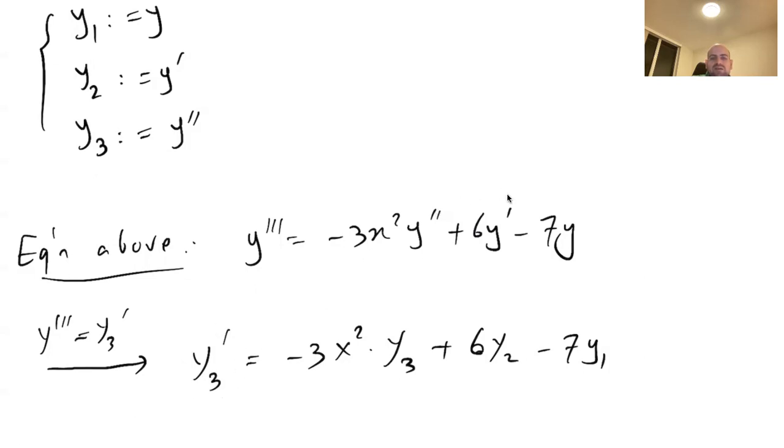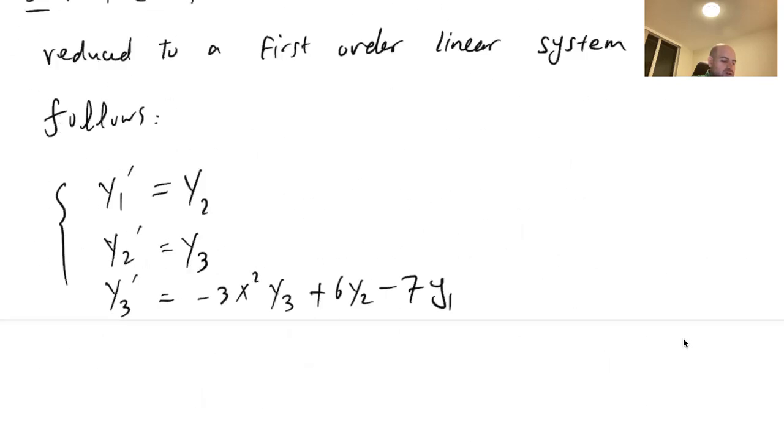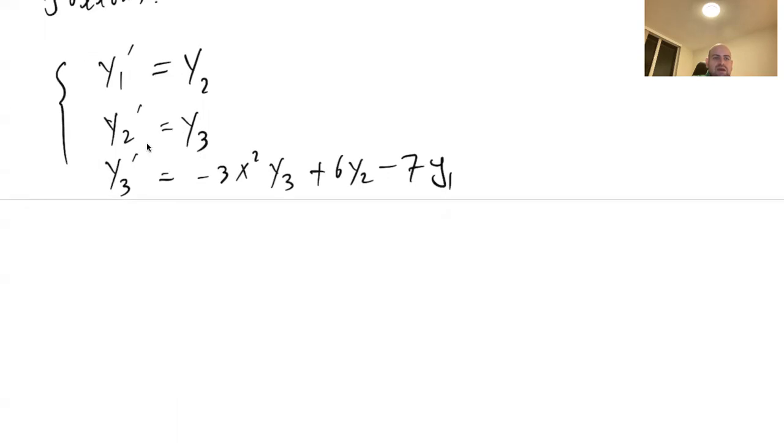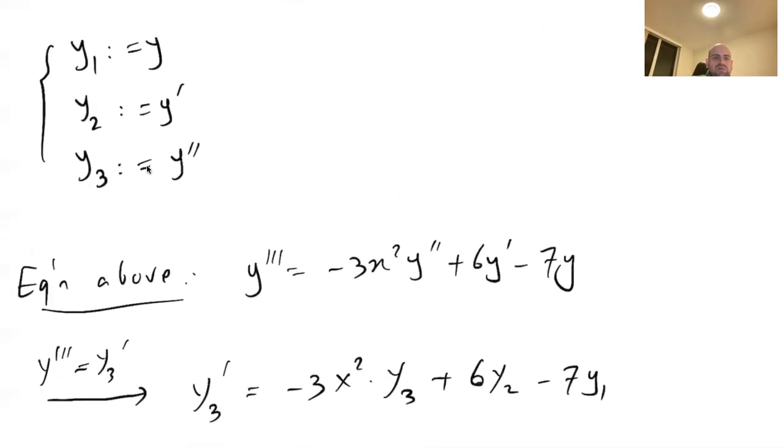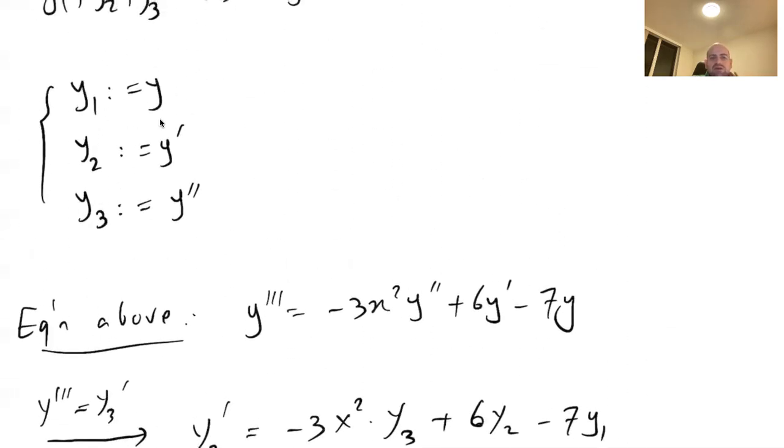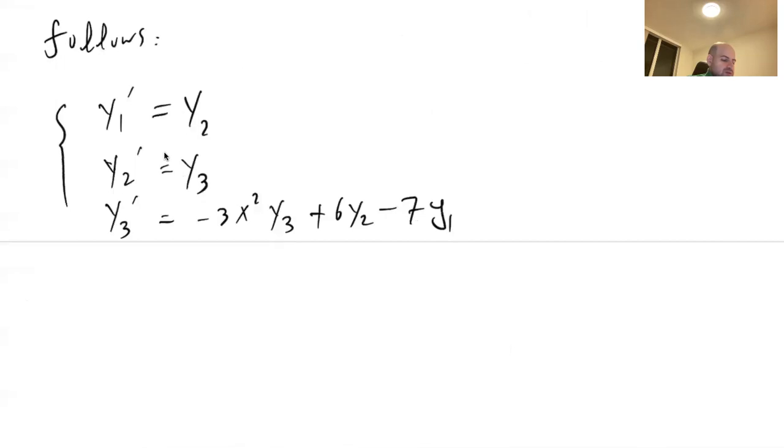And then the right-hand side, we had each of these functions: y double prime, we knew that it was y3, y prime, we knew y2, y, we knew it's y1. So we got this equation, which is my third equation here. And what about the first two? See, the first equation here, there is no derivative involved or appeared. So I'm not writing it in my system because I want to write equations where the first derivatives appear.